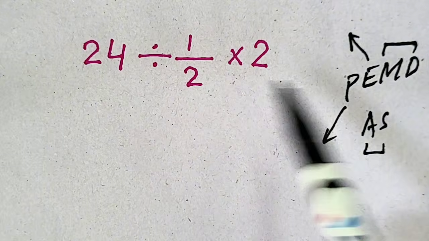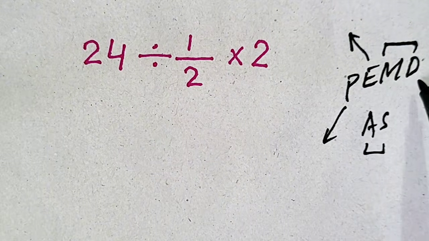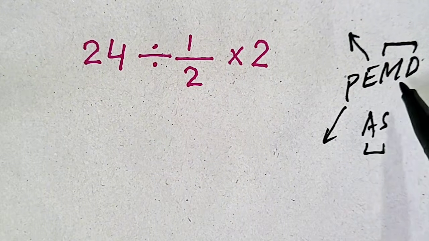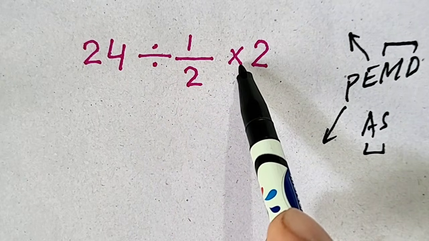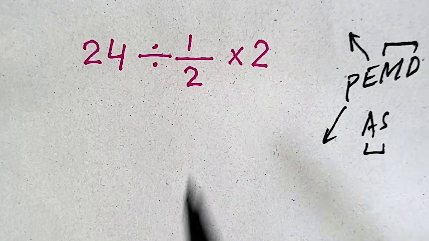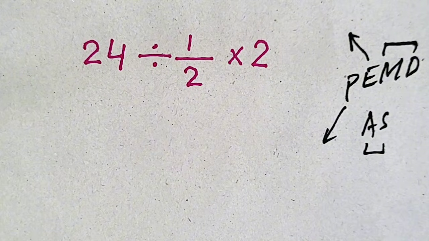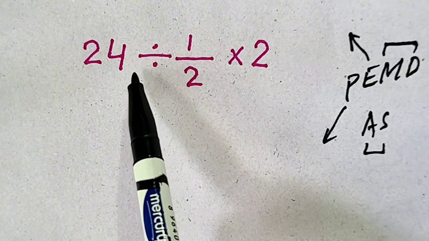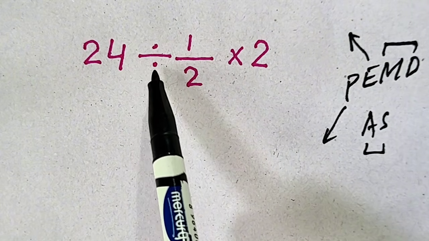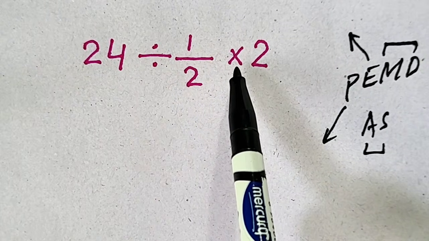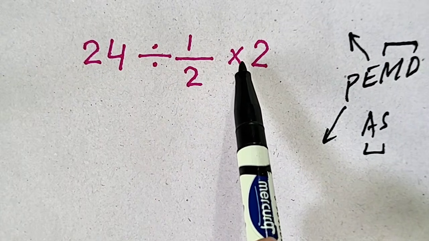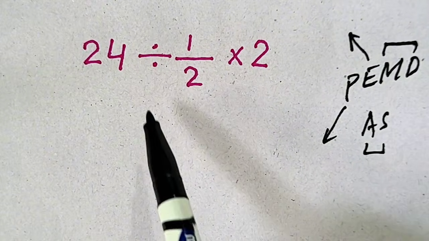But this question has multiplication and division. Division is at left and multiplication is at right. So as division is at left, we have to solve divide first and multiplication later, according to the PEMDAS rule.